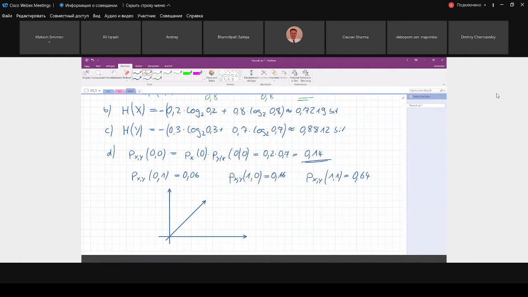I write this is x. This is the value of y. So lowercase, of course. This is p. Now there are only two values for both variables. One value is 0, and the other is 1.